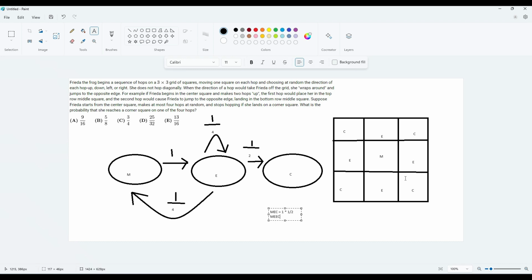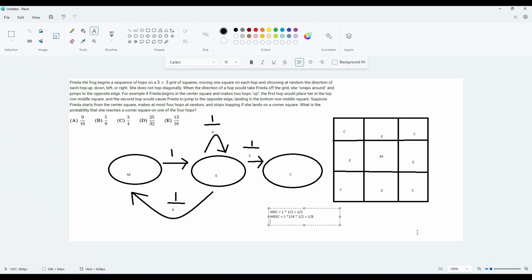So that would be equal to 1 times 1/4 times 1/2. Let's extend this out so it's more visually appealing. There we go, that's the second case. Let's compute these real quick. This would be equal to 1 over 2, and this would be equal to 1 over 8.